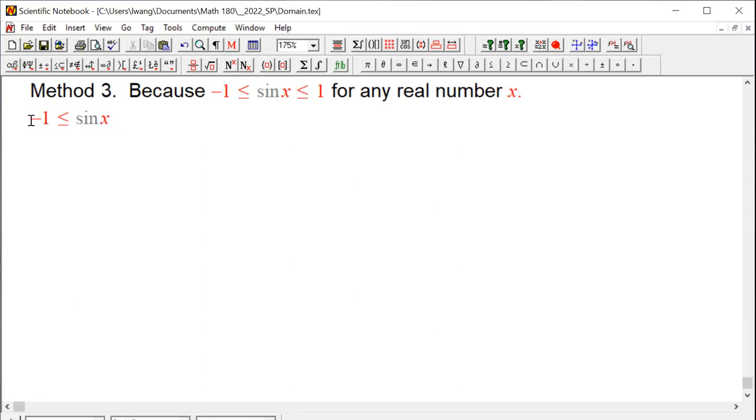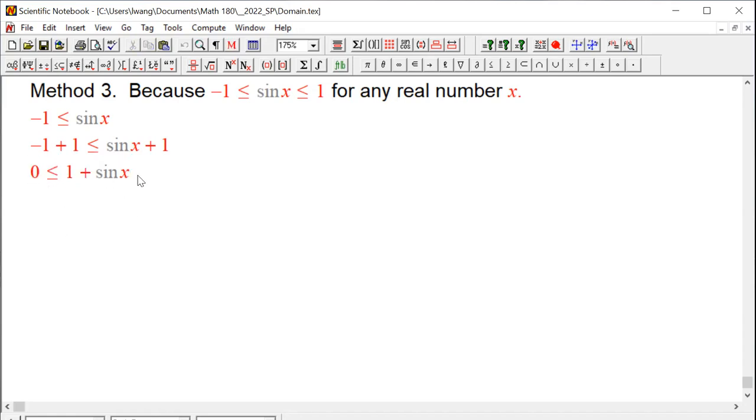So I'm going to add a 1 on both sides. This is just trivial algebraic manipulation. So I get 1 plus sine x on the other side.